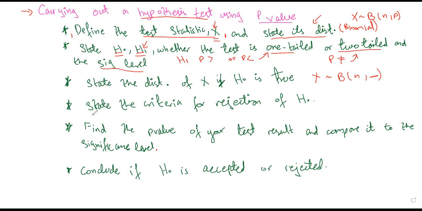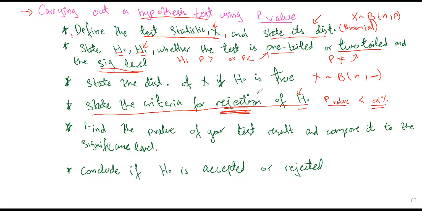Then state the criteria for rejection of H naught. What is the criteria? If your p value, which you don't know how to find yet, is less than the significance level, which would be given as a percentage, your H naught would be rejected.